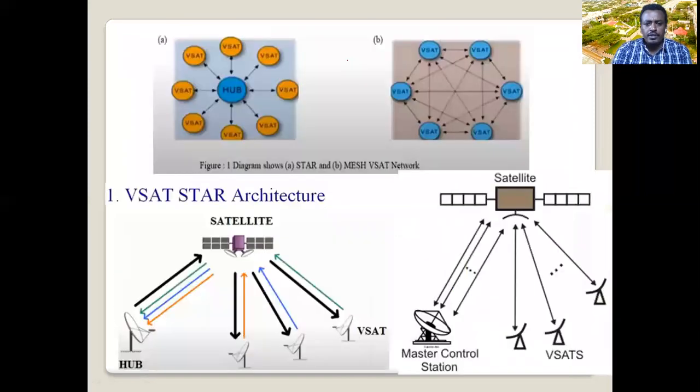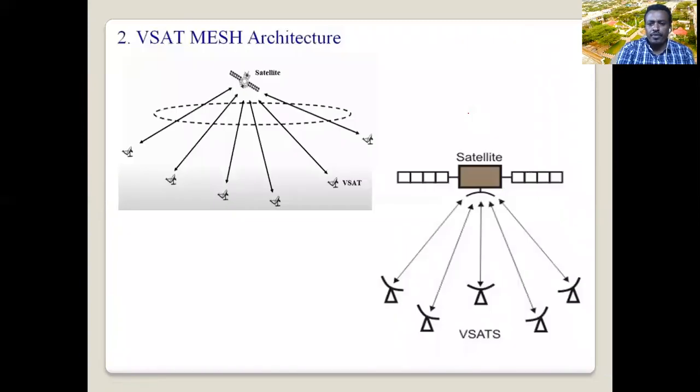As you can see here, VSAT A, VSAT B, and VSAT C access the satellite through a central hub. This first configuration we call star topology. Also, you can see without any central hub, one VSAT terminal communicates with another with a dedicated line.